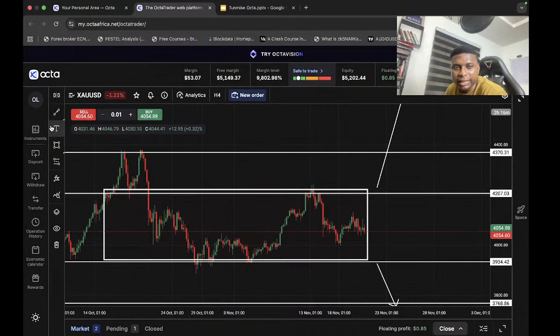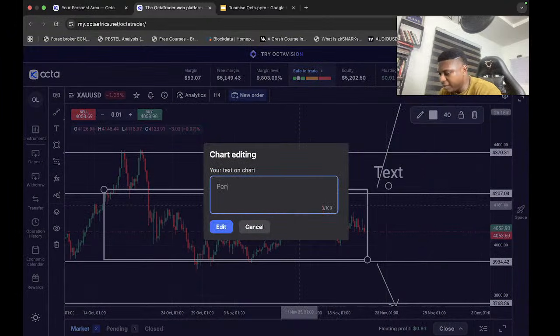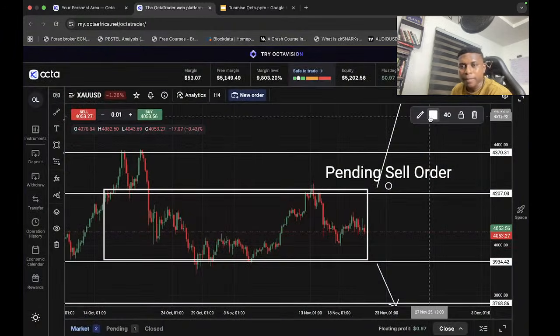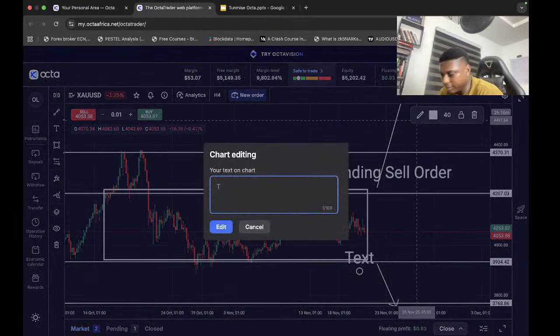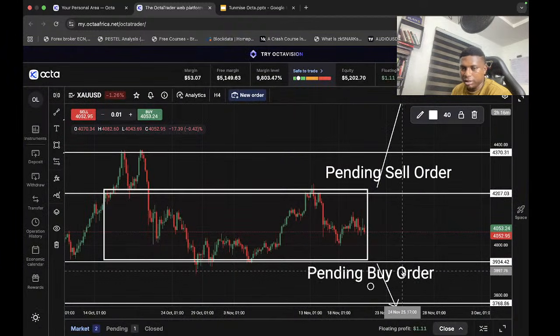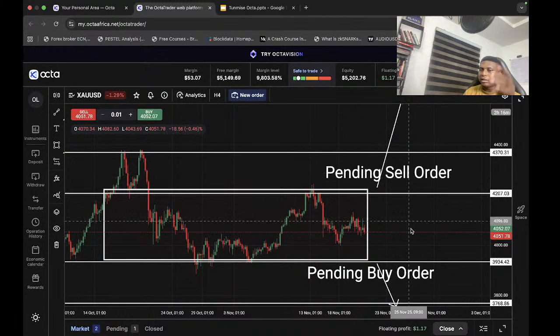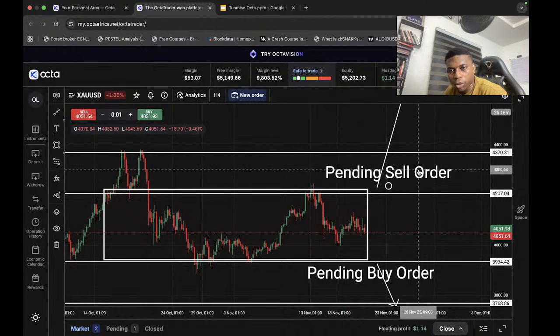However, I can recommend that you set a pending stop sell order and a pending buy order, so that if price breaks above, it triggers the buy order.